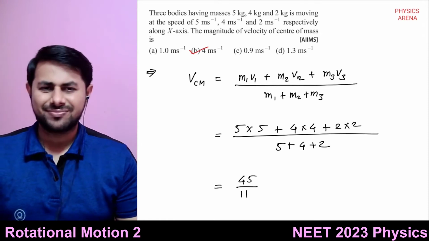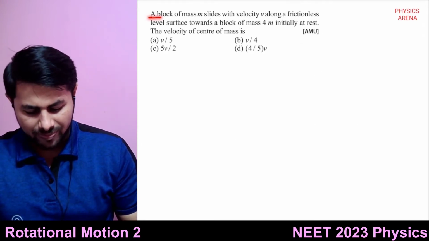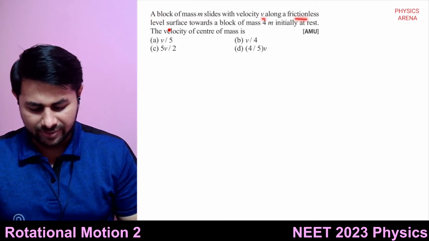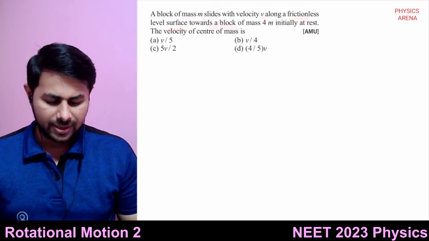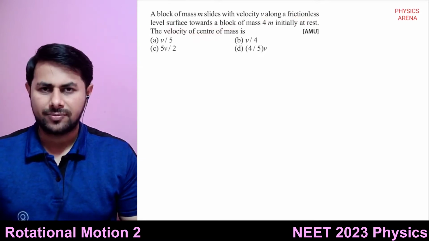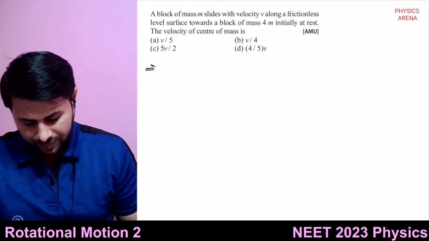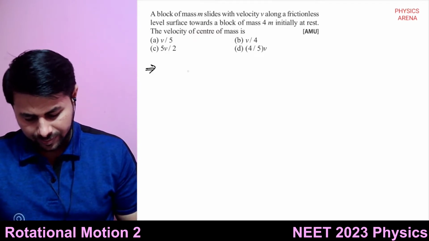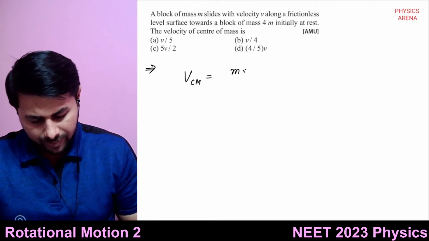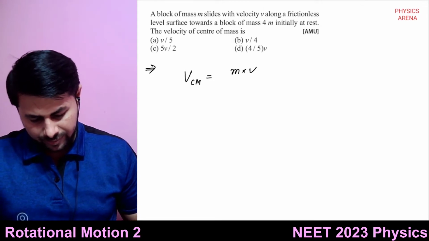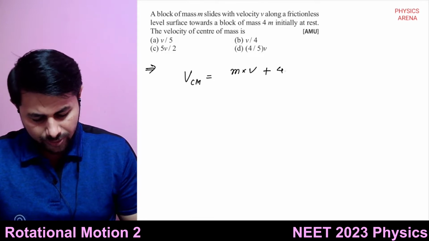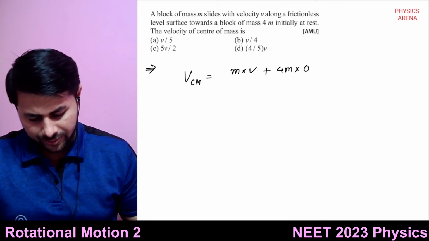All right. A block of mass m slides with velocity v along a frictionless level surface towards a block of mass 4m initially at rest. The velocity of center of mass is? This one is simple. The velocity of center of mass: block of mass m moves with velocity v towards a block of mass 4m whose velocity is 0.